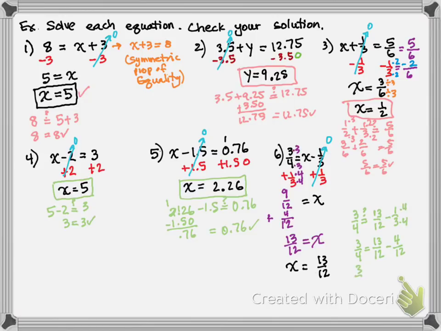And I get 3/4 equals 9/12. You're saying, well, those aren't the same. But guess what? I can actually simplify 9/12 by dividing it by 3, which gives me 3/4. So these are the same. So that verifies that x equals 13/12.